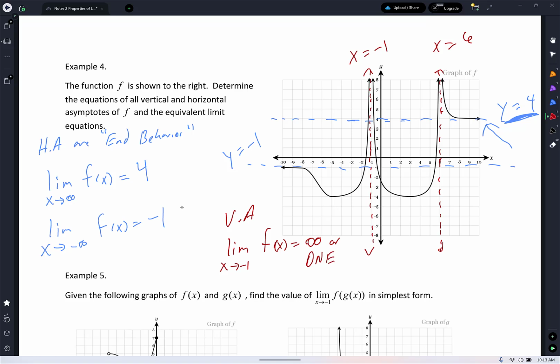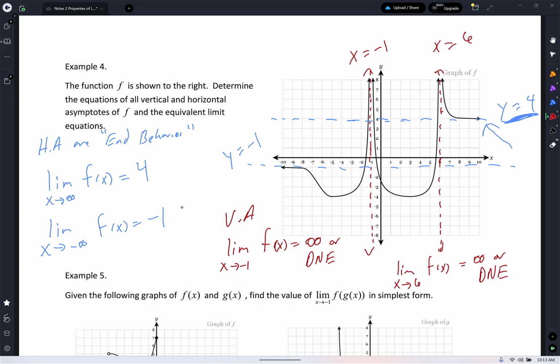Really, I shouldn't even be writing equals infinity because that's not possible, but for high school, for now, that's fine. I've seen Delta do it this way, I've seen textbooks do it this way. That's fine, but I probably shouldn't be putting the equal signs there. Let's see, what else? Limit as x approaches 6 from the left and the right for this function, because the behavior is both positive infinity. You can either say infinity or what?